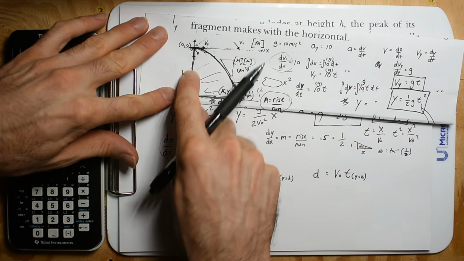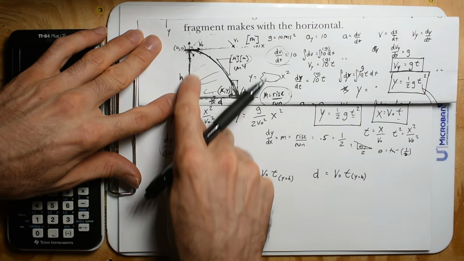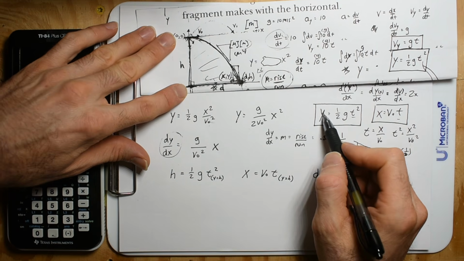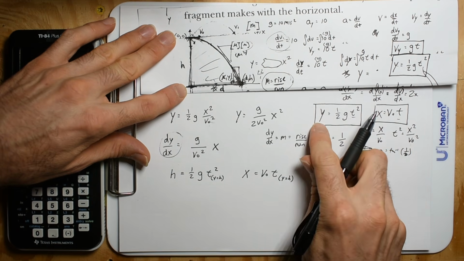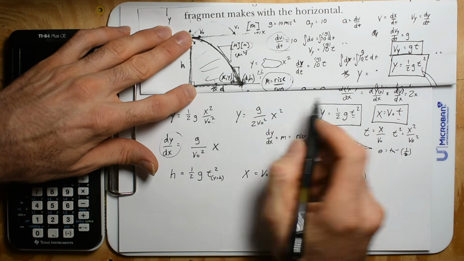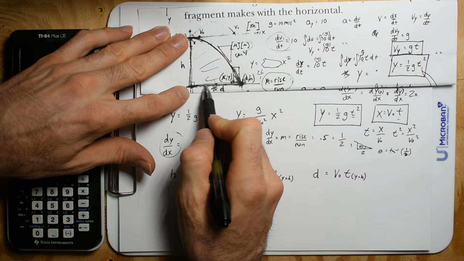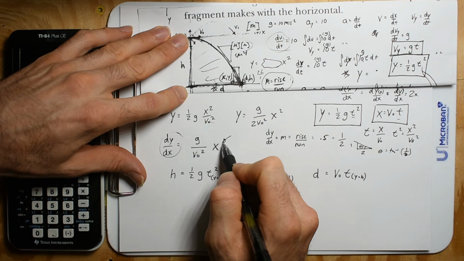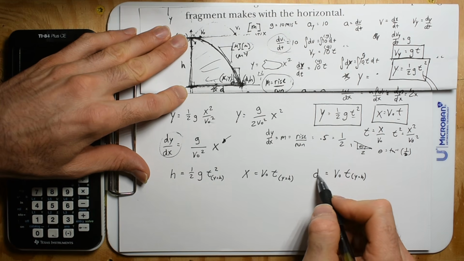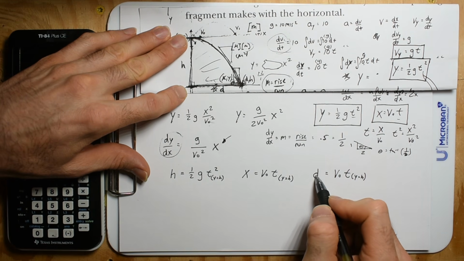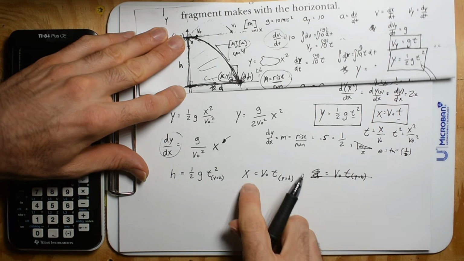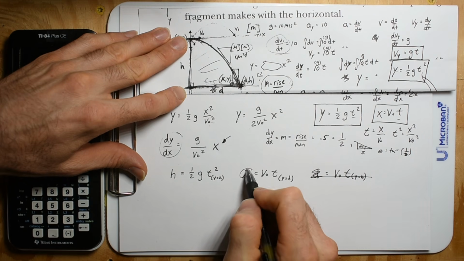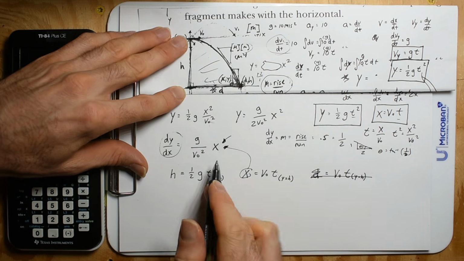We just know that the time when this equation is equal to h is going to be the same time when this equation is equal to that x value that we're going to throw into there. So I really shouldn't have called this d. Let's just call it x, because this x is what we're throwing into our equation for slope.